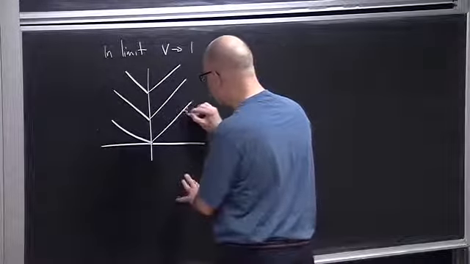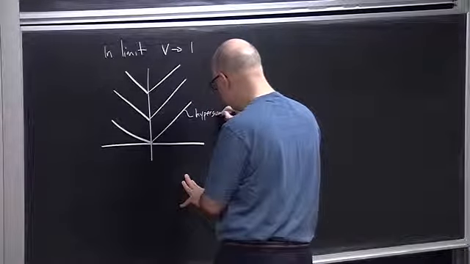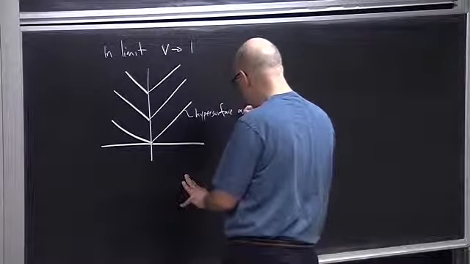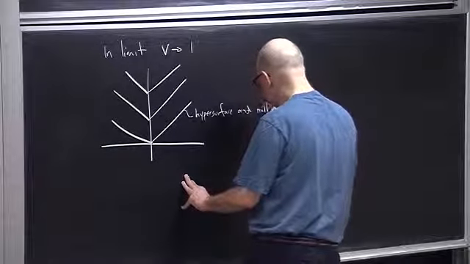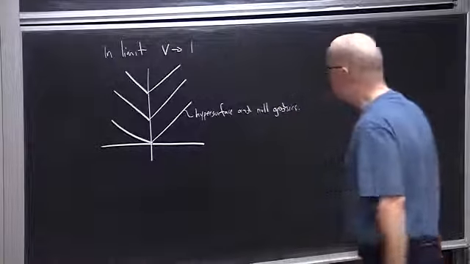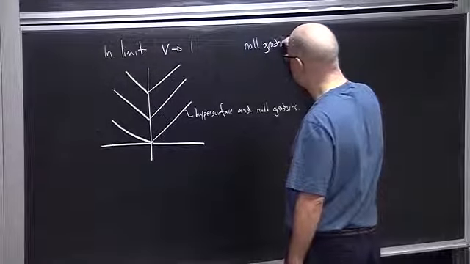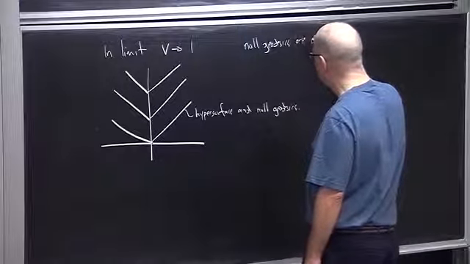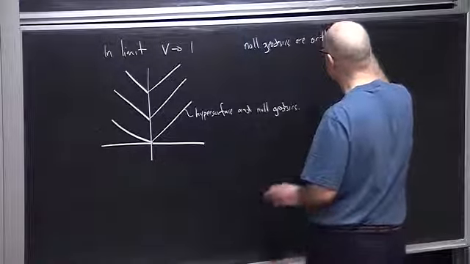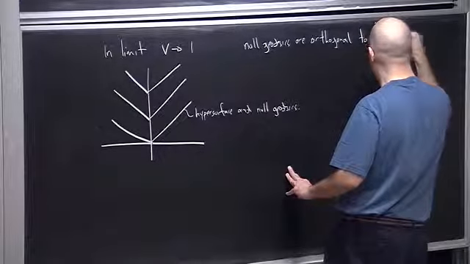So this represents the hypersurface and the null geodesics. The null geodesics are orthogonal to the hypersurfaces. That remains true.